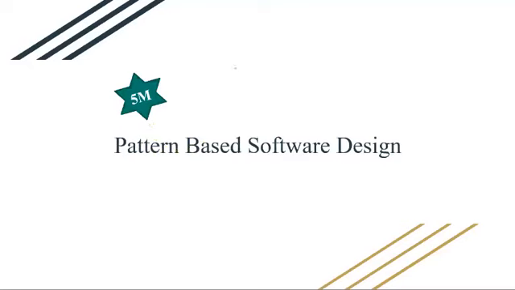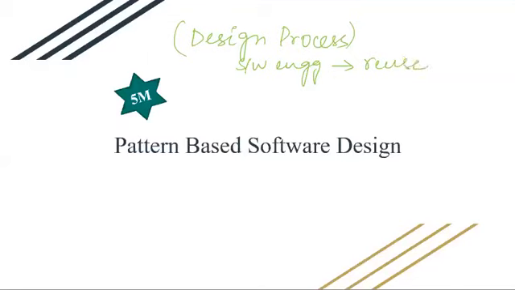Now, within the previous classes, we have studied about the design process. We have studied various design concepts, how they are applied. Now, throughout the design process, whenever it is being carried out, you're going to have a software engineer. The software engineer's job is that he's going to look for every opportunity where he can reuse specific components.